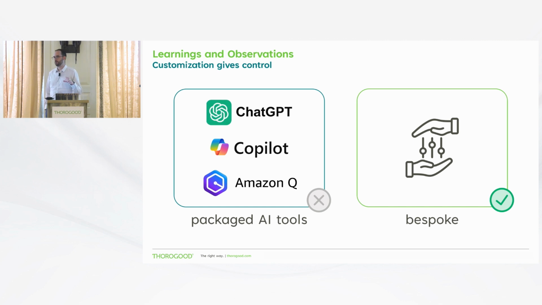The thing that I would say is really important to us as we built this bespoke is to have that customization, so that when someone's asking a question, very often if our leaders are asking a question, they don't know the number that's the answer, but they know roughly how they want it to be calculated, or at least at the organizational level, there are expectations around how things should be calculated. And by building bespoke, it gives us that level of control. We're also able to set up how we want things like the auditing and monitoring, and decide how we want to handle all of that. And so going bespoke just gives us a level more control than we would have had if we'd used some of those packaged approaches.